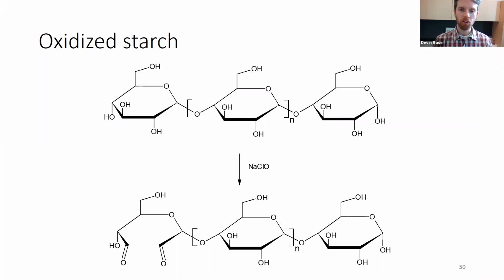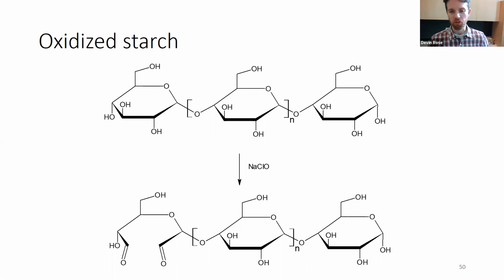But if we treat starch with a stronger oxidizing agent at a higher concentration, then the starch itself can become oxidized. So in this example, we're using sodium hypochlorite, which is just bleach. If we use the sodium hypochlorite with starch, we can oxidize the glucose molecules and produce a compound like this.